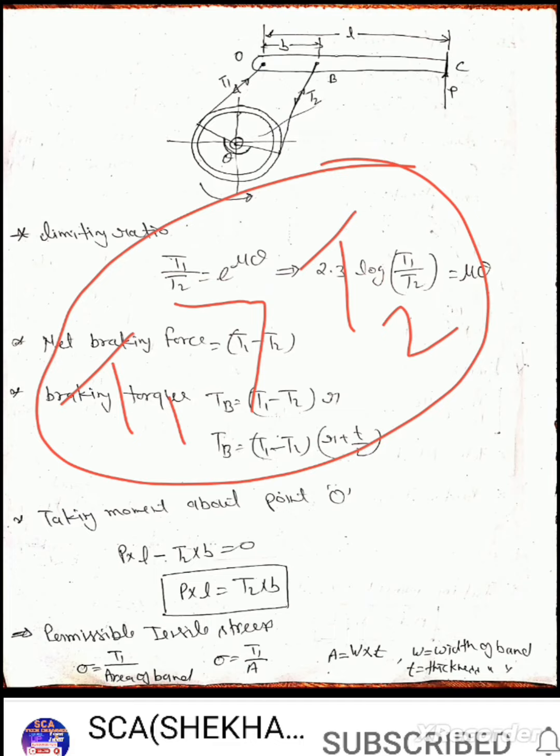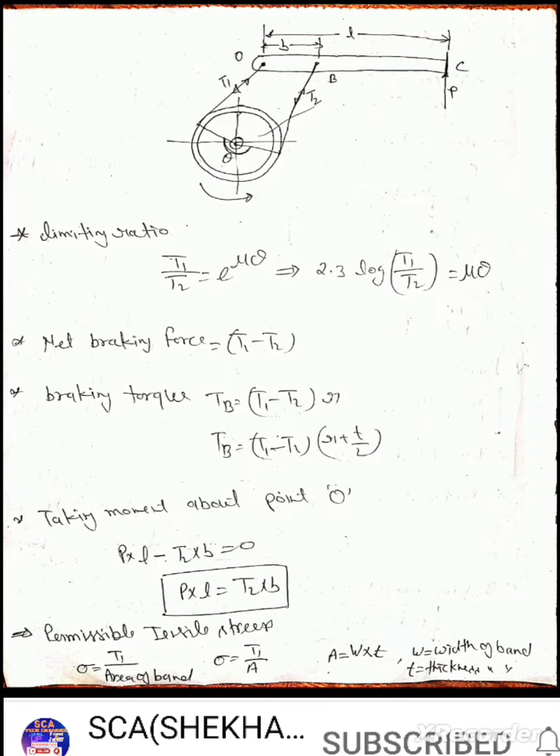So permissible tensile stress sigma is equal to load T1 upon area of band. Area of band is equal to W into t. Here W is the width of band and t is the thickness of band. So we can see the cross-sectional area of band.